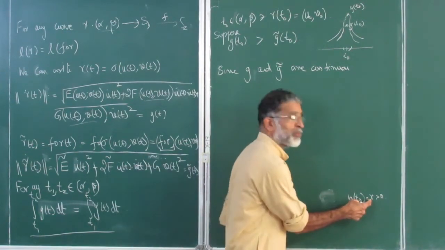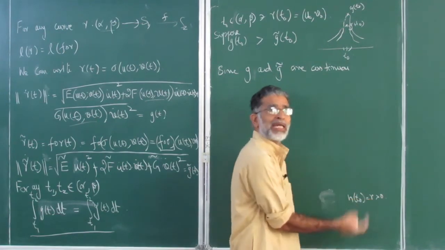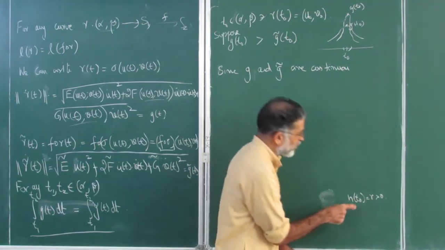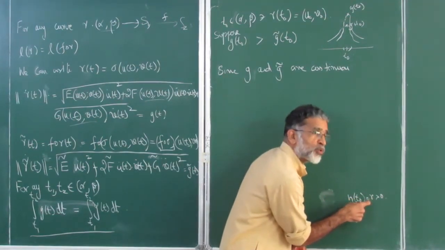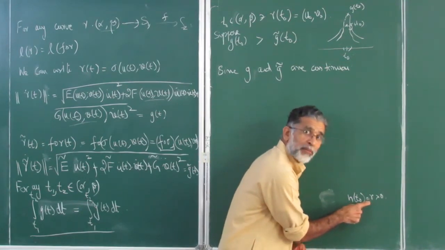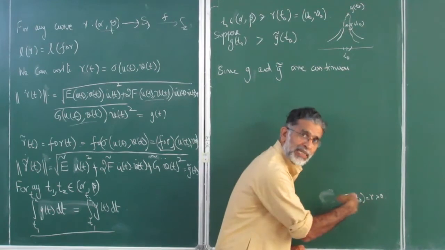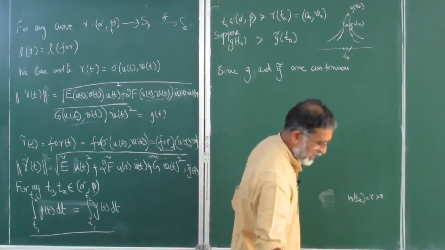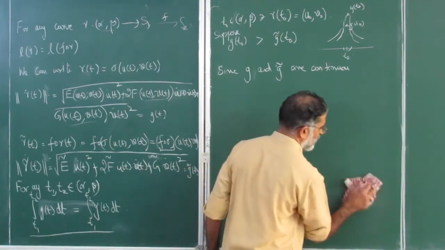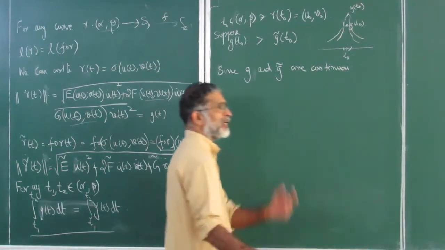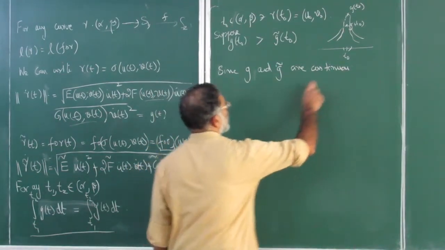Less than r by 2 means what? The value will be greater than r by 2, because the distance from h t naught to h t is less than r by 2. So therefore your h t must be greater than r by 2. That is enough. That's the standard proof. That will happen in a small neighborhood delta.